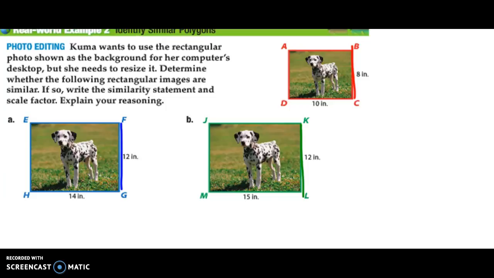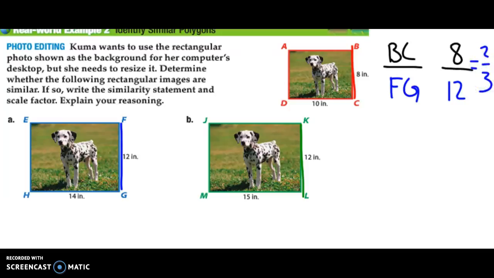If I want to write that, I'd say BC has to be the same as, let's say, FG. BC itself is 8, and FG is 12. So 8 over 12 is the same as 2/3, because I can take a 4 out of both. Now what we'd want to compare is DC and FG.